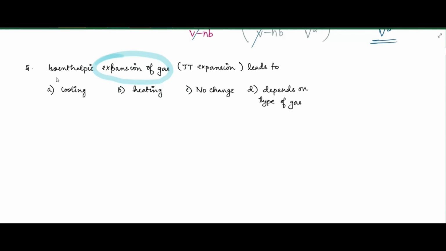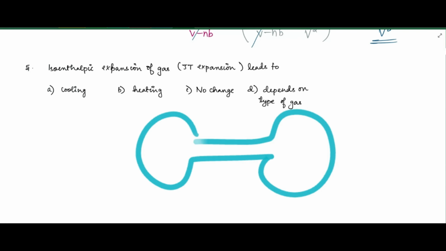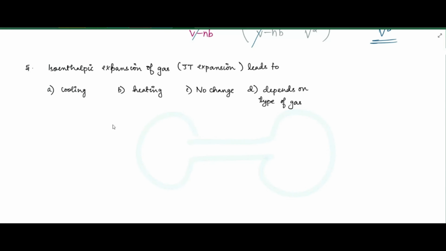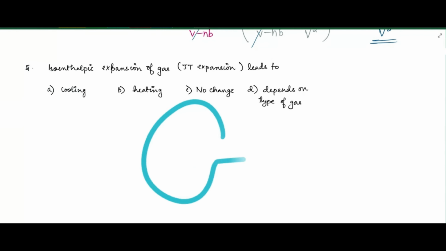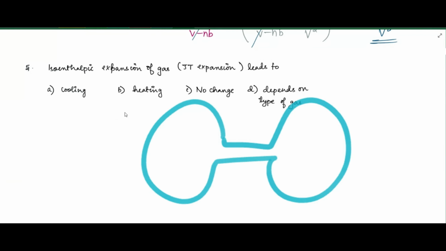Now isenthalpic expansion mainly happens in the case of JT expansion. What is JT? JT is Joule-Thomson expansion. What does it lead to? Let me explain what the Joule-Thomson effect is. You take two sides within a container.